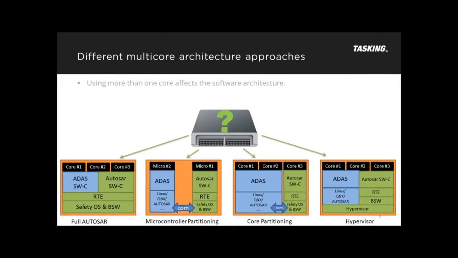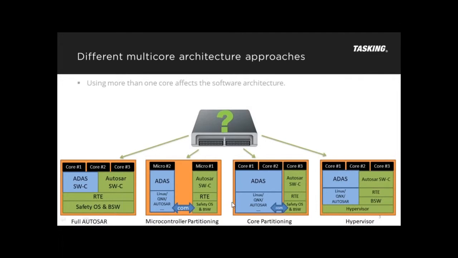So the safety OS, the runtime layer, and the AutoSAR software components will all run on one microcontroller, and the rest, which is the Linux operating system, for example, and the ADAS applications, will run on another microcontroller. Then there is one communication, or maybe more than one, between these two microcontrollers, and this is the partitioning based on the microcontroller.